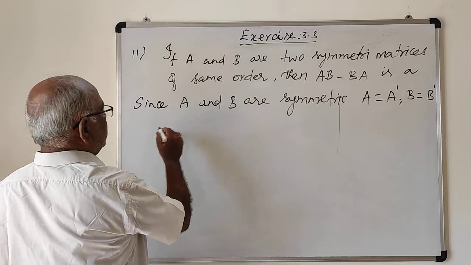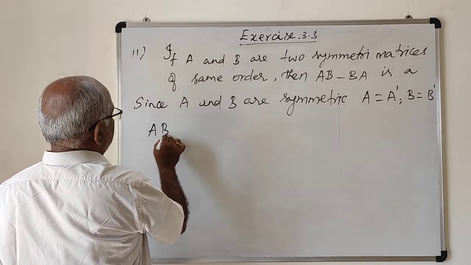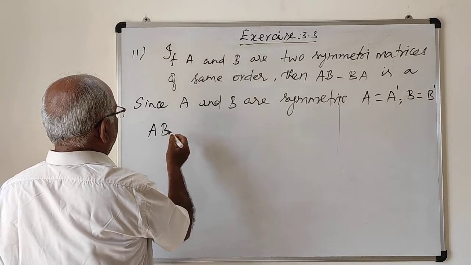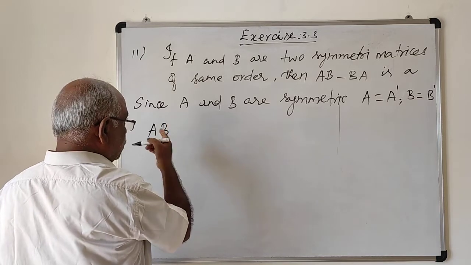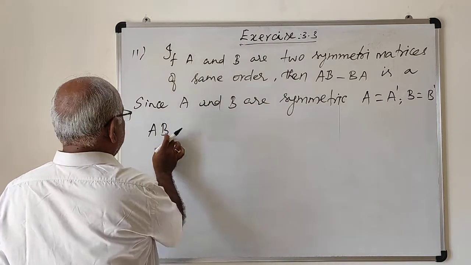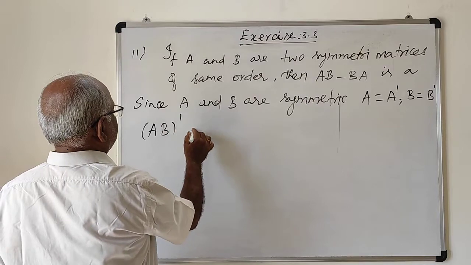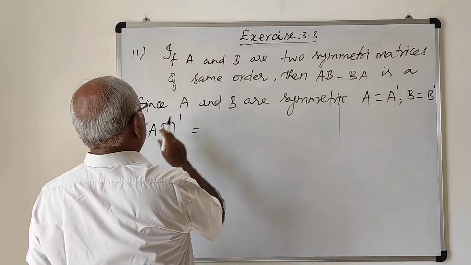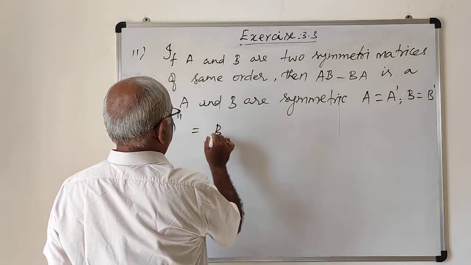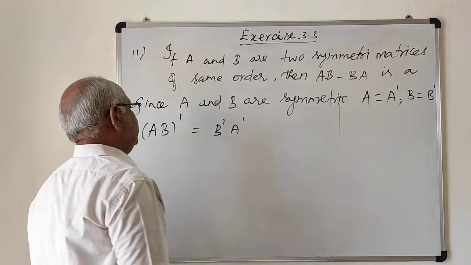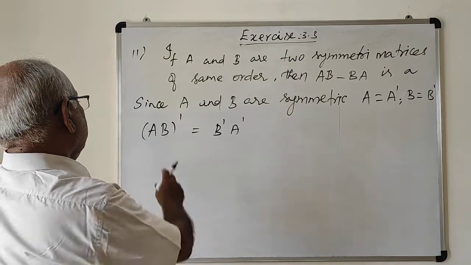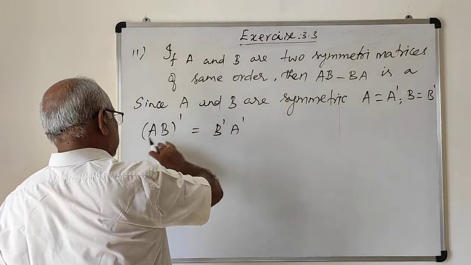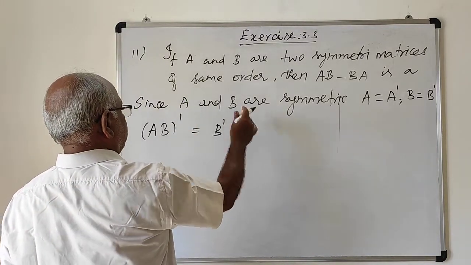Now, we have to prove something about AB minus BA. So, what is AB dash? By the property of transpose of matrices, AB the whole dash is equal to B dash into A dash.